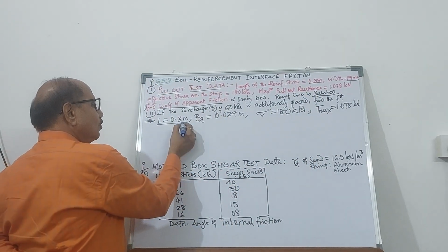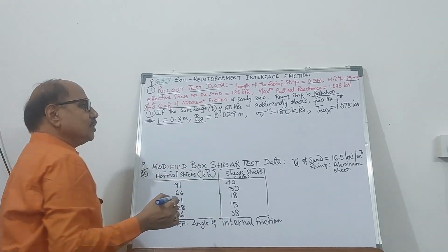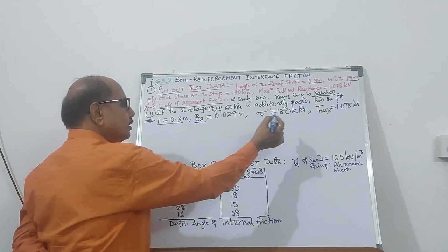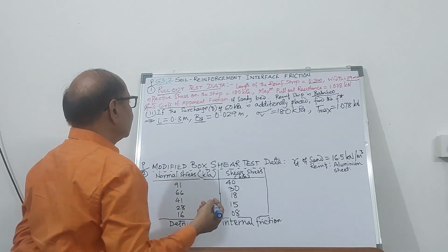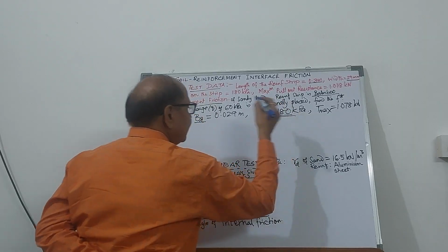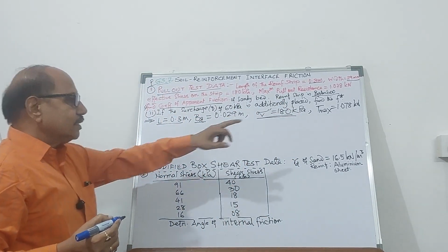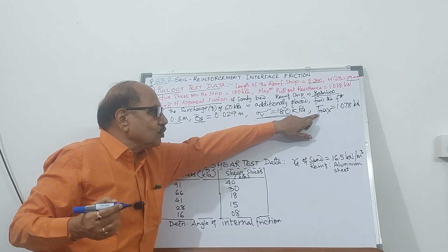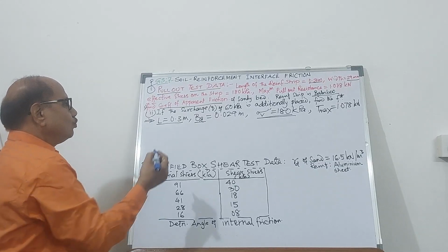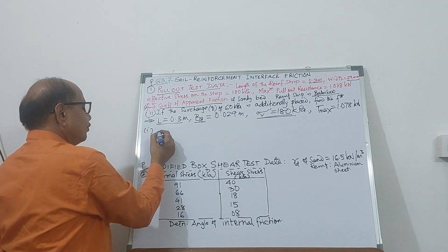So the length of the bamboo strip is given to you. The width of the reinforcing strip, that is bamboo, is given to you. And the maximum pull-out force, T max, when the vertical effective stress is 180 kilopascal, is given in this problem. So we need to find out the coefficient of apparent friction.